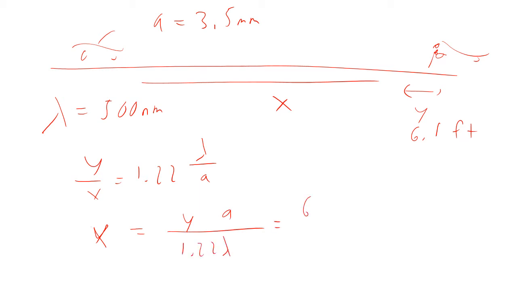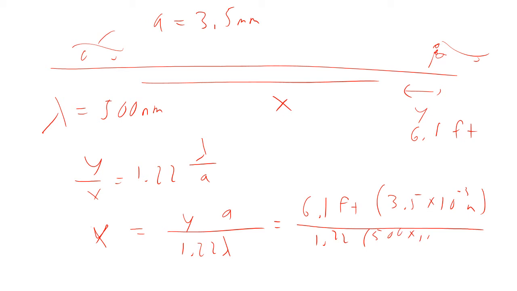So y is 6.1 feet, a is 3.5 times 10 to the minus 3 meters, divided by 1.22 and lambda, 500 nanometers, 10 to the minus 9 meters. We don't have to worry about feet and meters because the meters cancel and leave behind feet.